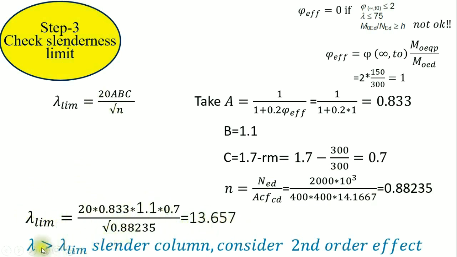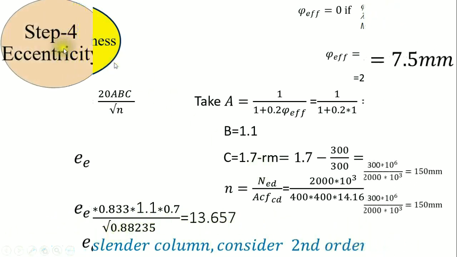Our lambda is 25.98, which is less than lambda limit 30.657, so it is a short column and no second order effect is needed. Otherwise, if lambda is greater than lambda limit, it is a slender column and we consider second order effect.